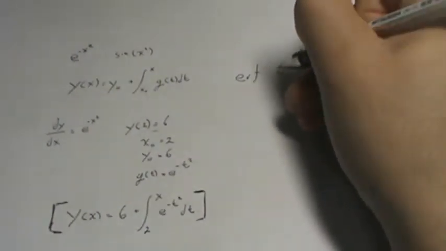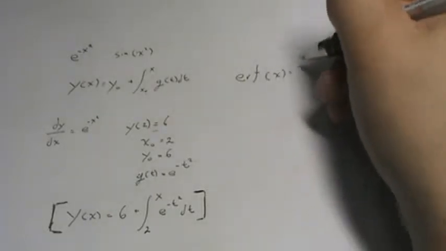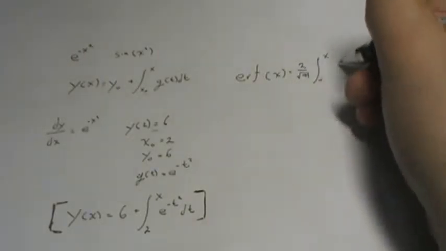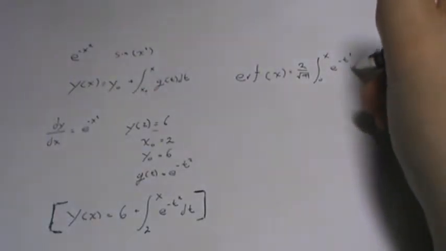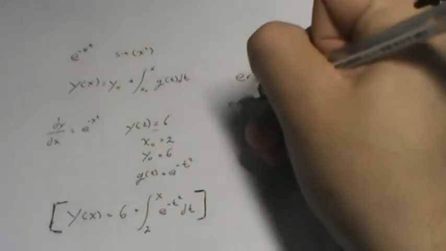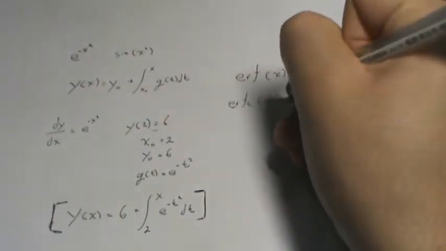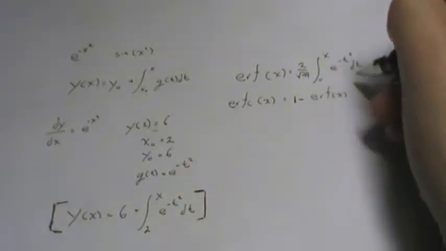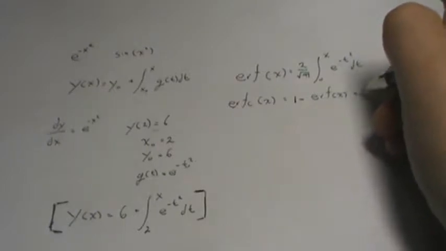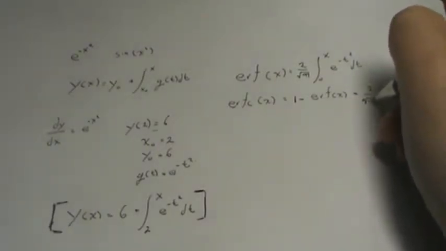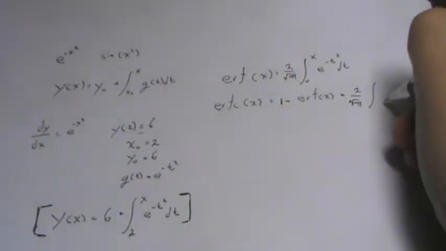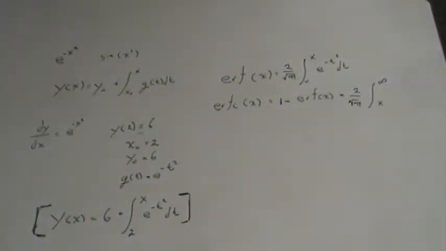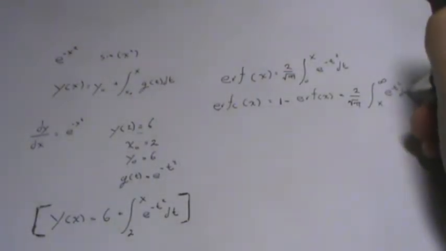So we write ERF of x equal to 2 over the square root of pi, the integral from 0 to x of e to the minus t squared dt, and our complementary error function, ERFC of x, is equal to 1 minus the ERF of x, that is the same as 2 over the square root of pi, the integral from x to infinity of e to the minus t squared dt.